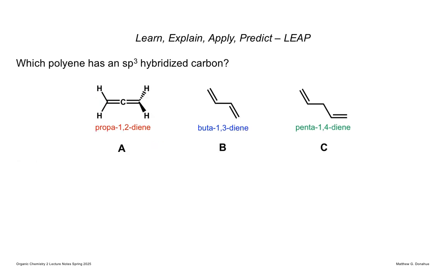Which polyene has an sp3 hybridized carbon atom? So this would be C, the isolated system. That carbon atom is sp3 hybridized, so it's isolating or insulating the 2 pi bonds from one another. Which polyene has an sp2 hybridized carbon bond?